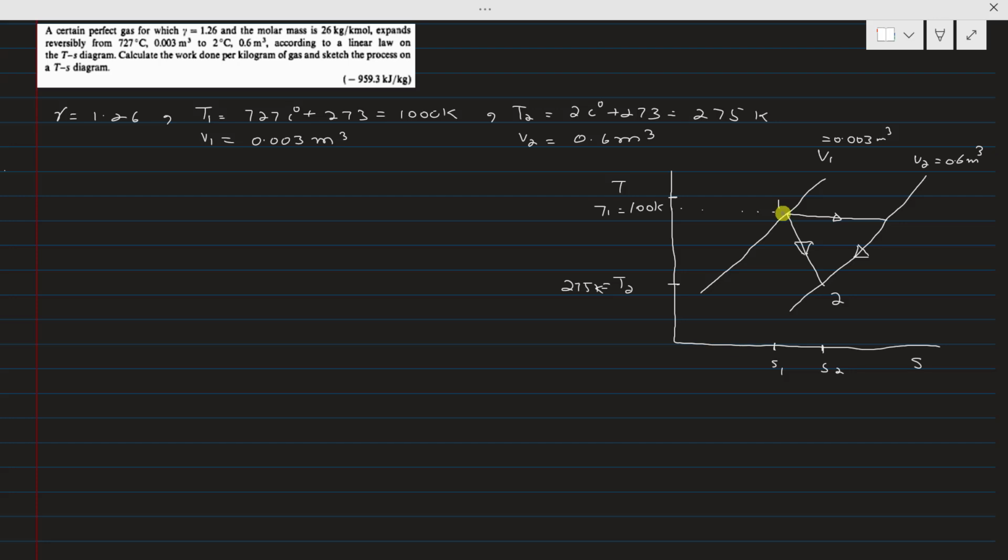So the process takes place from 1 to A, and then from A to 2. The change in entropy when the process follows this line at A is SA. This is taken at a constant temperature and this takes place at a constant volume.